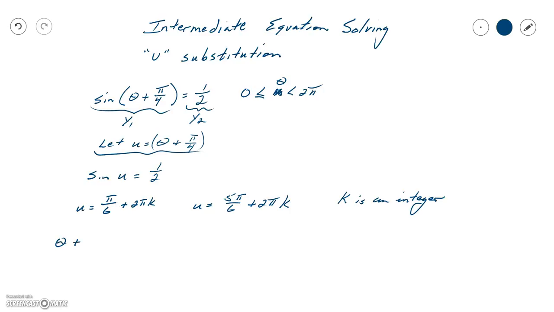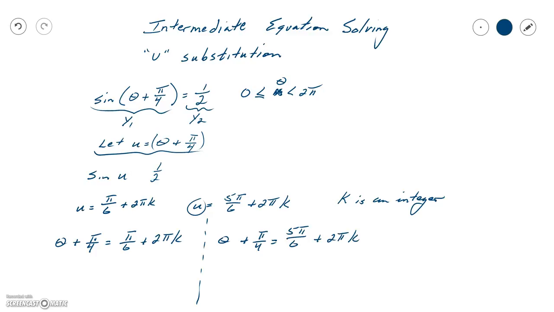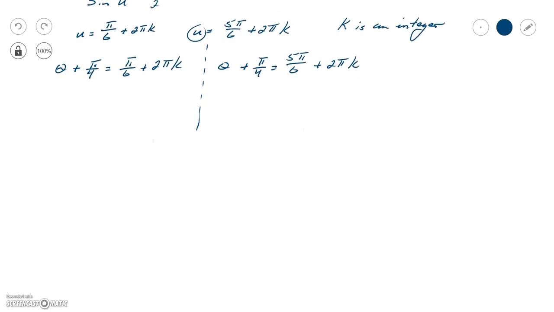So this gives me theta plus pi over 4 is equal to pi over 6 plus 2 pi k. On the other hand, substituting U, I get theta plus pi over 4 is equal to 5 pi over 6 plus 2 pi k. And so now I just need to solve this for theta.